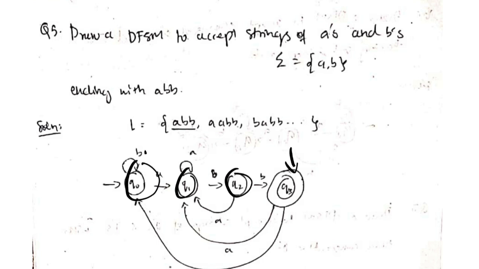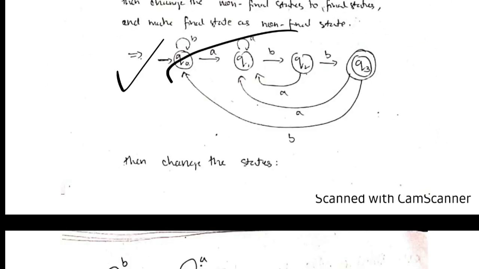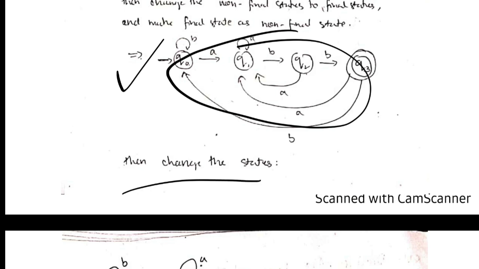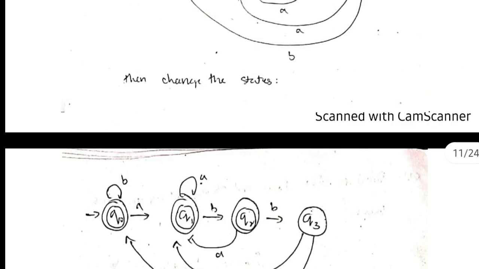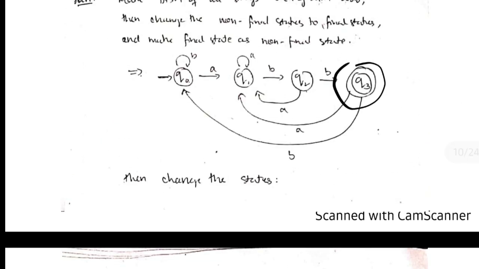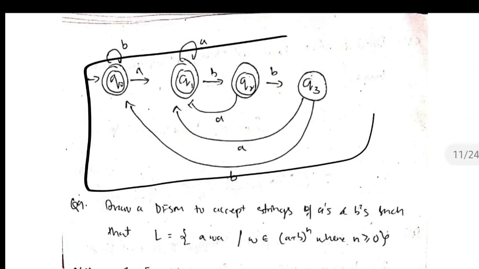These 3 will become final states and this will become the starting state. Everything will be the same, only the states will change. The double circle will be shifted from here to these 3, and here we will have a single circle. So, this is not ending with ABB.